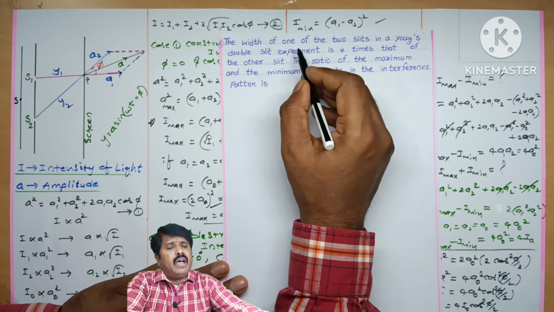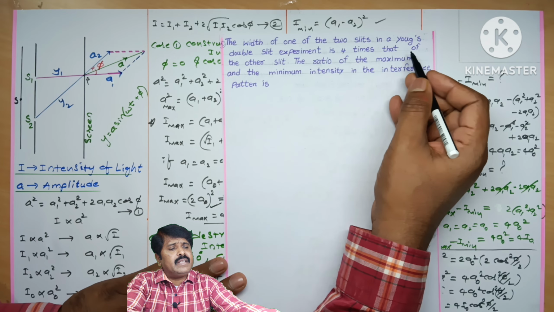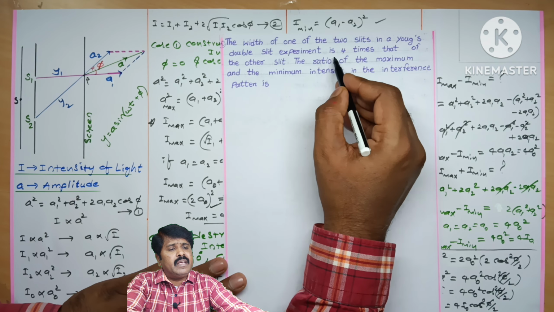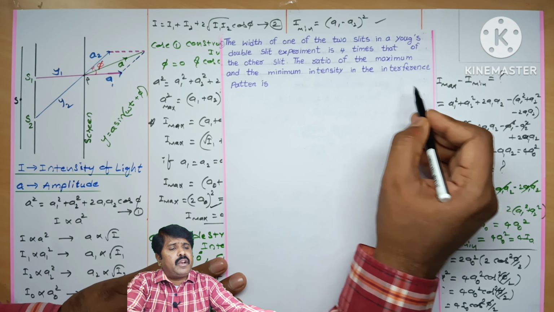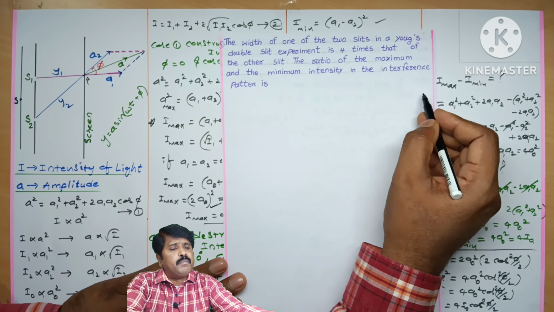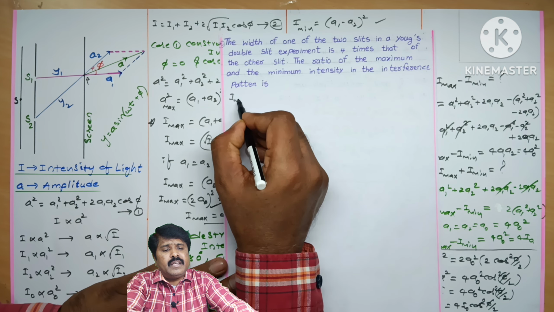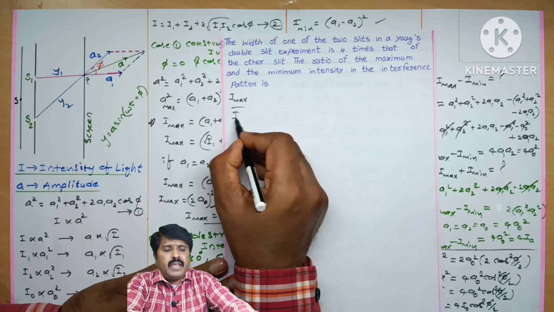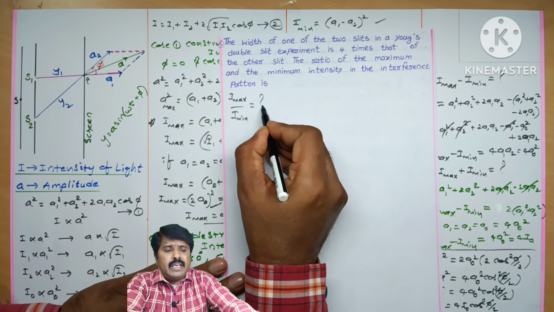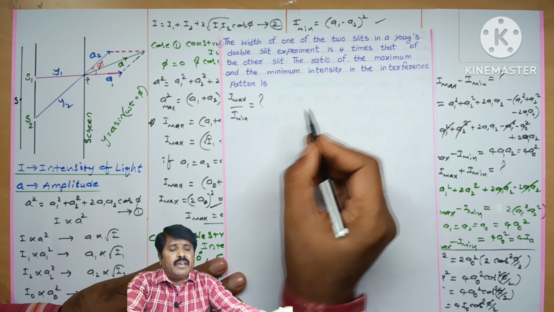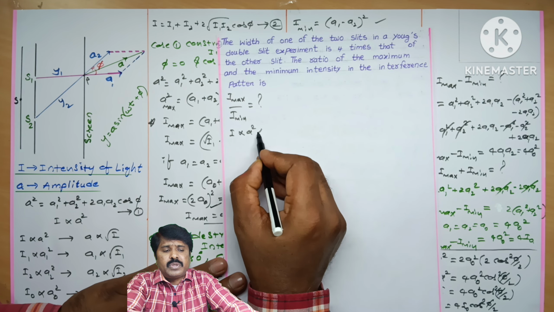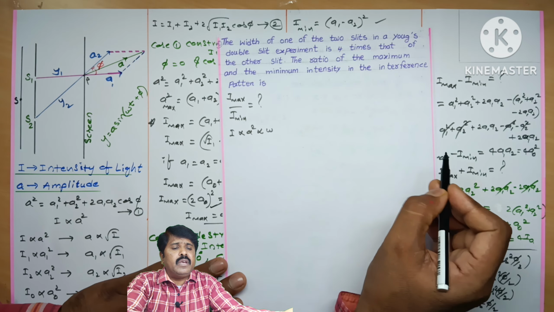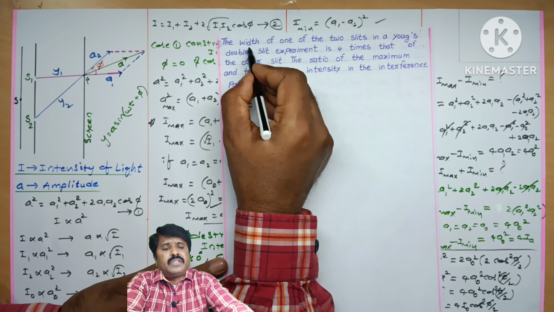The width of one of the two slits in Young double slit experiment is 4 times that of the other slit. So the ratio of the maximum and minimum intensity of the interference pattern is asked, that is I max divided by I minimum is asked, and also there is a relation, that is intensity is directly proportional to the amplitude square, which is directly proportional to the width of the slit.